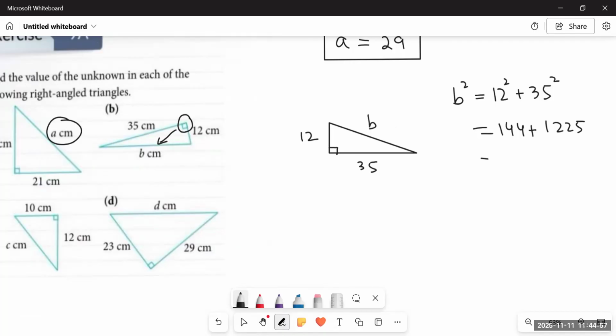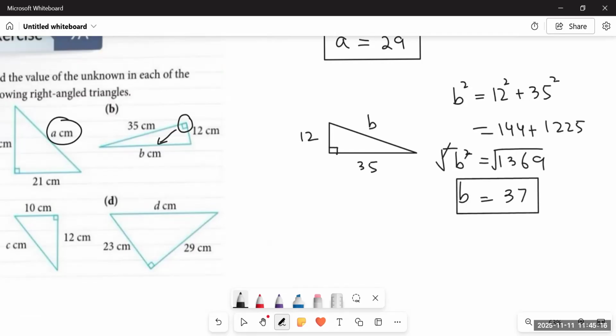So it becomes 1369. After that, we will find the square root on both sides. And the answer to B would be 37. That's it. How easy it is. All we need to do is just use this formula and find the unknown value.